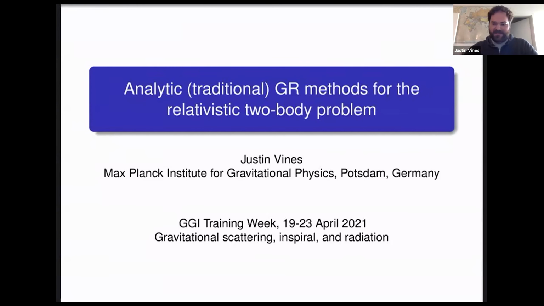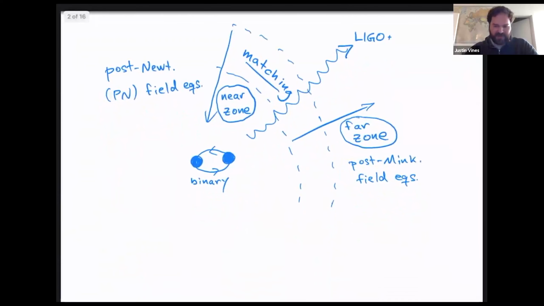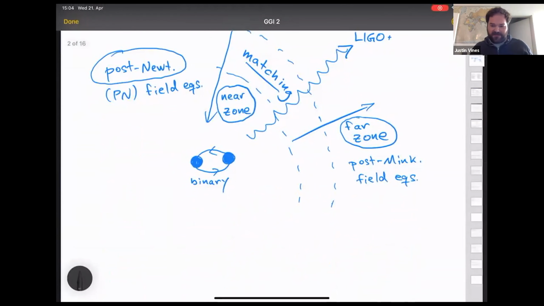And so to keep it simple and hopefully make contact, I will focus on the most traditional approach to the two-body problem and gravitational waves, which is the post-Newtonian approach.